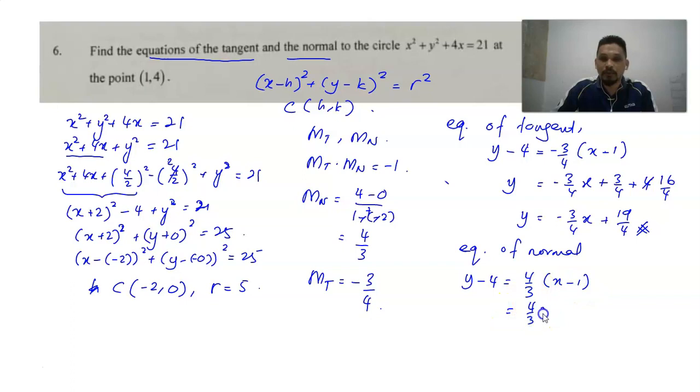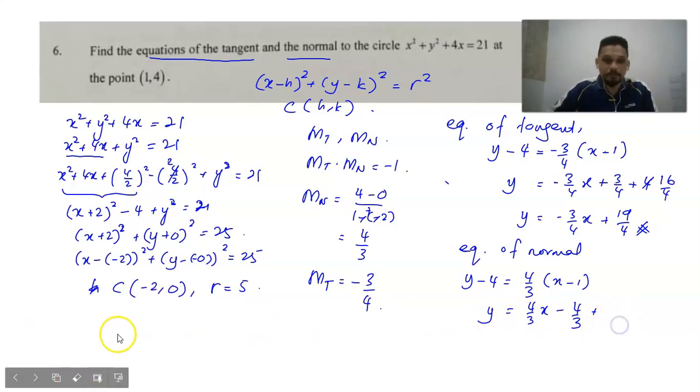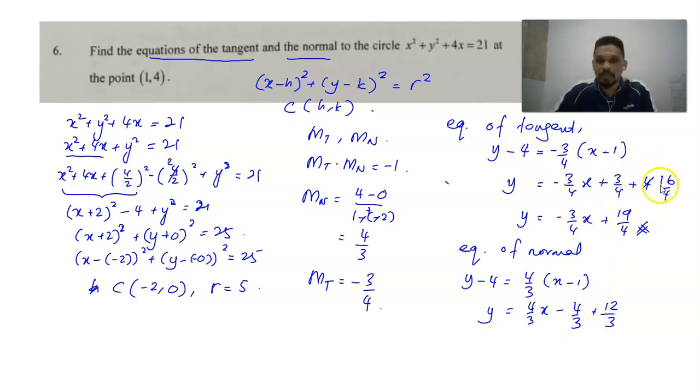Okay, 4 over 3 x minus 4 over 3, and negative 4 will here become positive 4. 4 times 3 equals 12, and 12 divided by 3 equals 4, looking at the denominator here, which is 3.